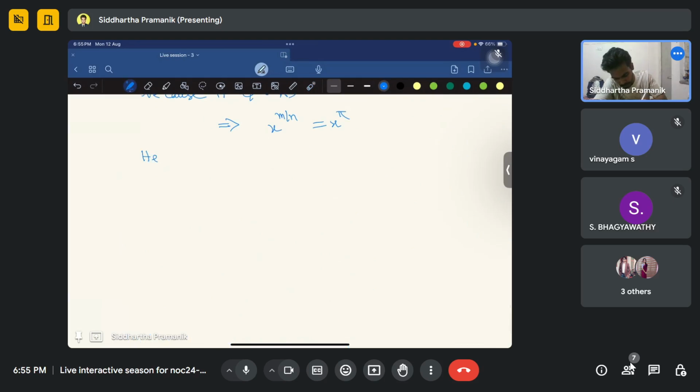So hence phi cannot be an isomorphism. So these two groups cannot be isomorphic. So I hope it is clear. Do you have any doubt in this?